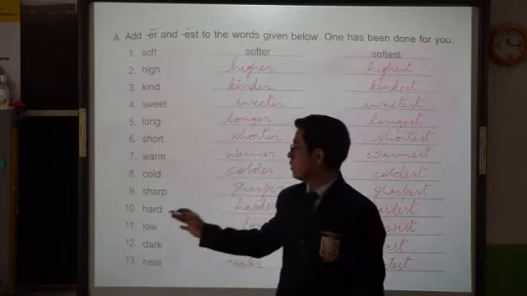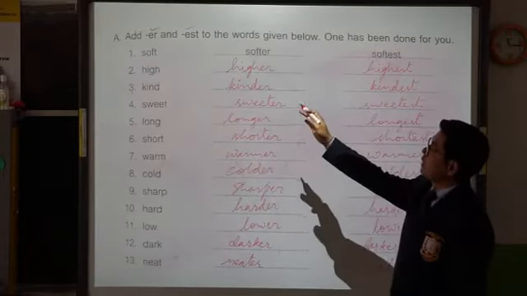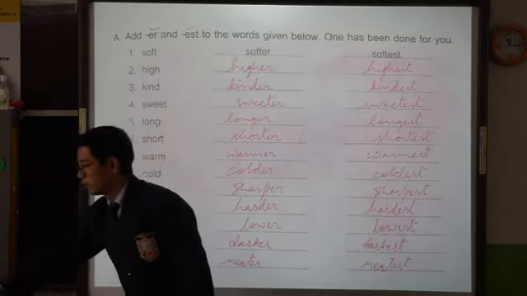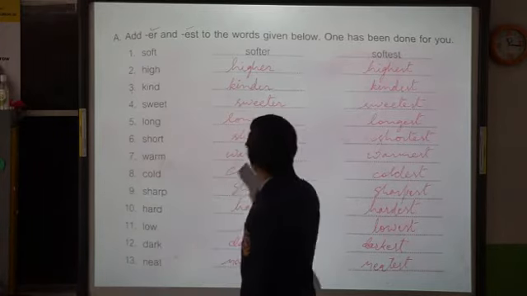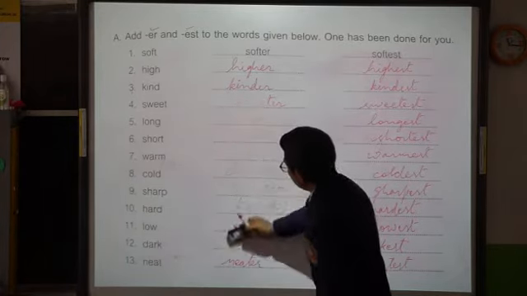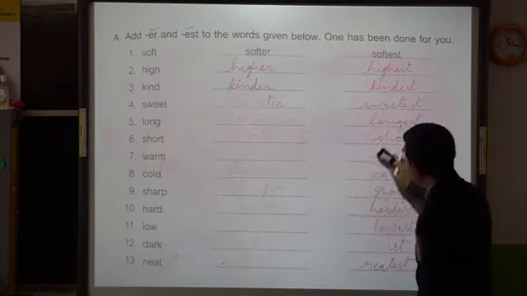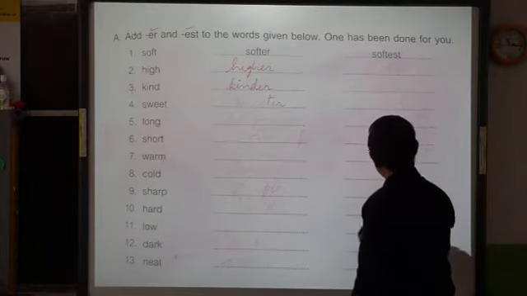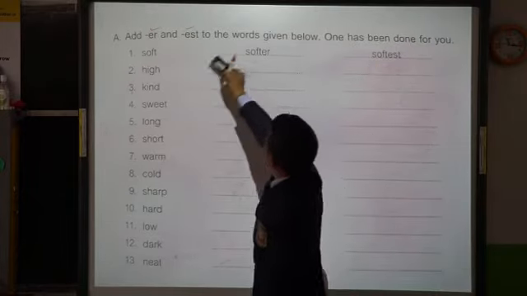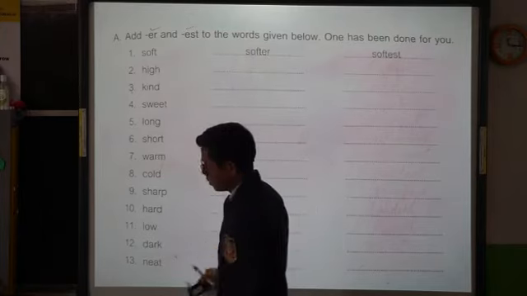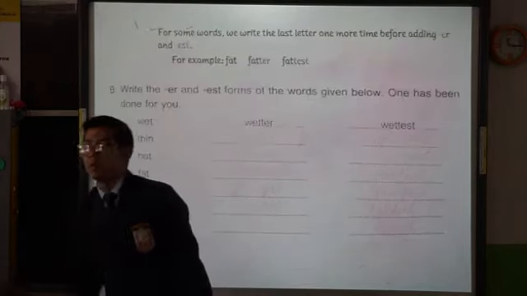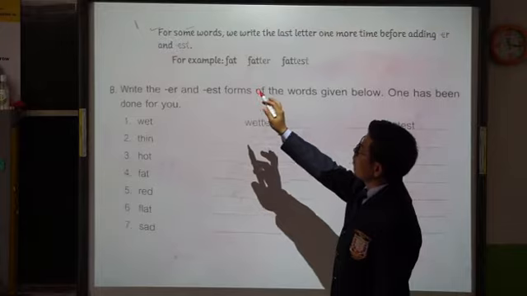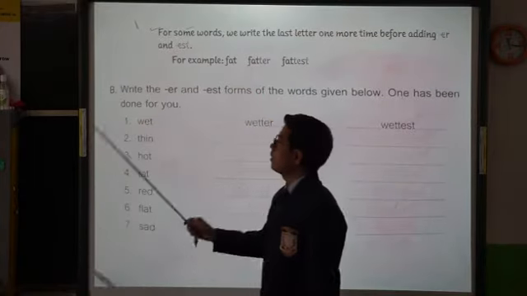Okay, now this is how you do it by adding ER and EST to the adjective words. Now move on to the next. It is written on the top. See it carefully.